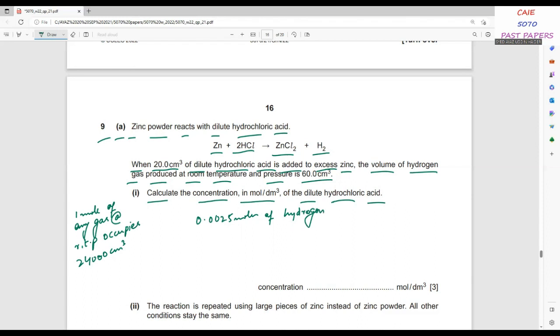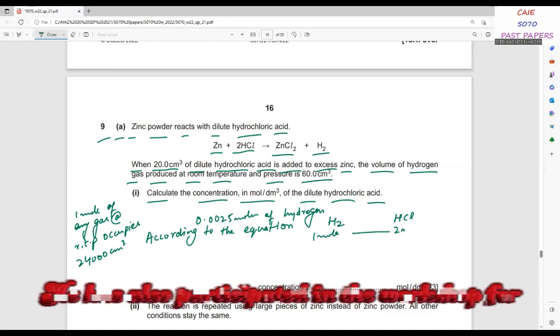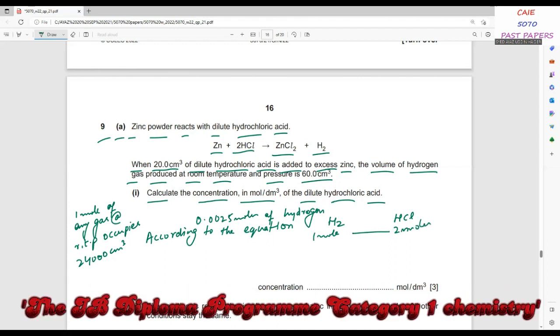Looking at the equation, 1 mole of H2 is produced by 2 moles of HCl. So 0.0025 moles is produced by X moles.